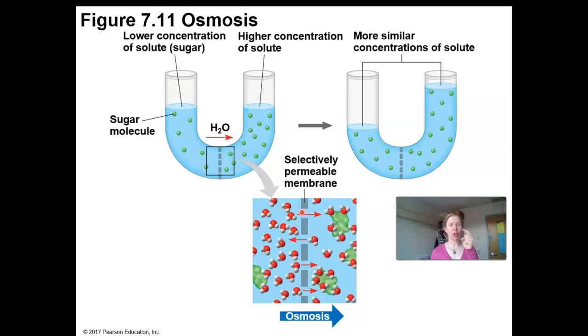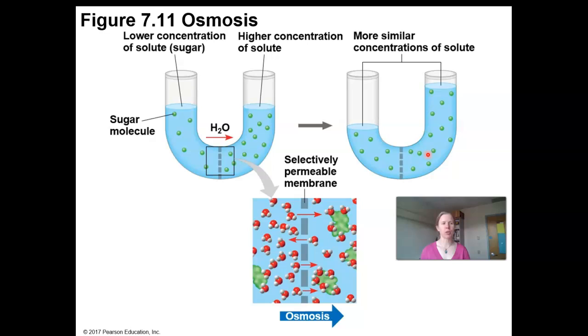And so it wants to go across the membrane and join this side. And so see how the water has actually pushed across the membrane and the whole column rises. And now we reach equilibrium, right, where we end up with more or less the same concentration. So water is crossing this selectively permeable membrane in osmosis.